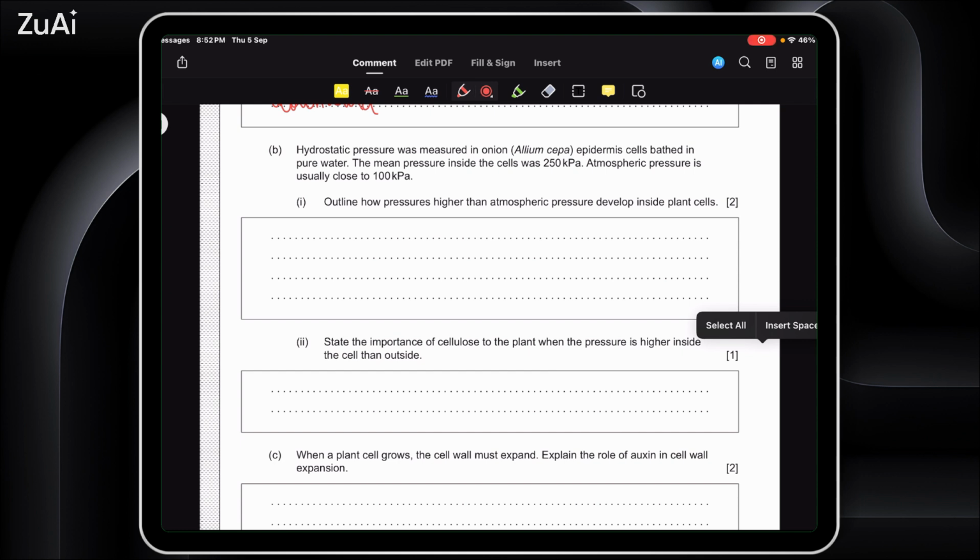Okay, outline how pressure higher than atmospheric pressure develops inside plant cells.